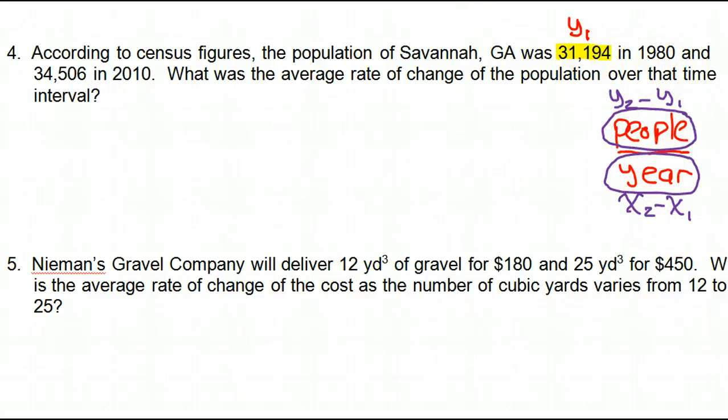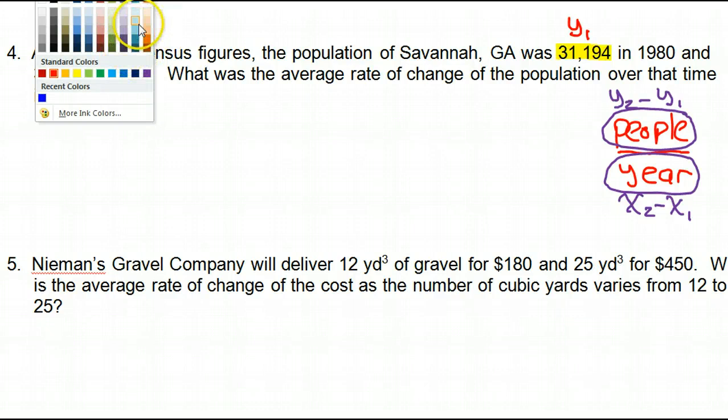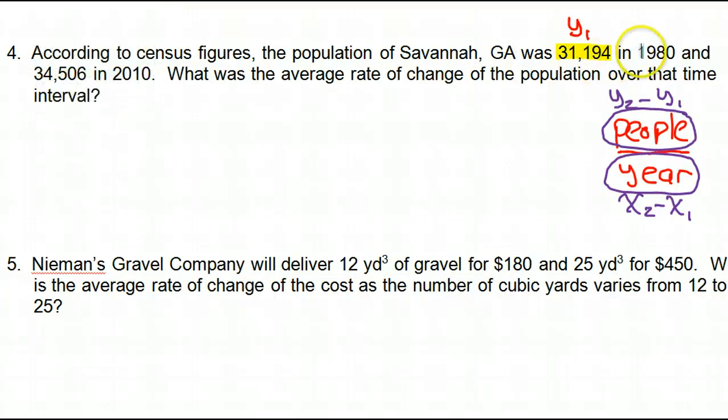And then 1980. All right, so people in 1980. People is a y value, and then 1980, that's a year, so that's an x value. So in terms of the sentence, they're backwards, but that's why the units are so important. People per year, y value, x value.